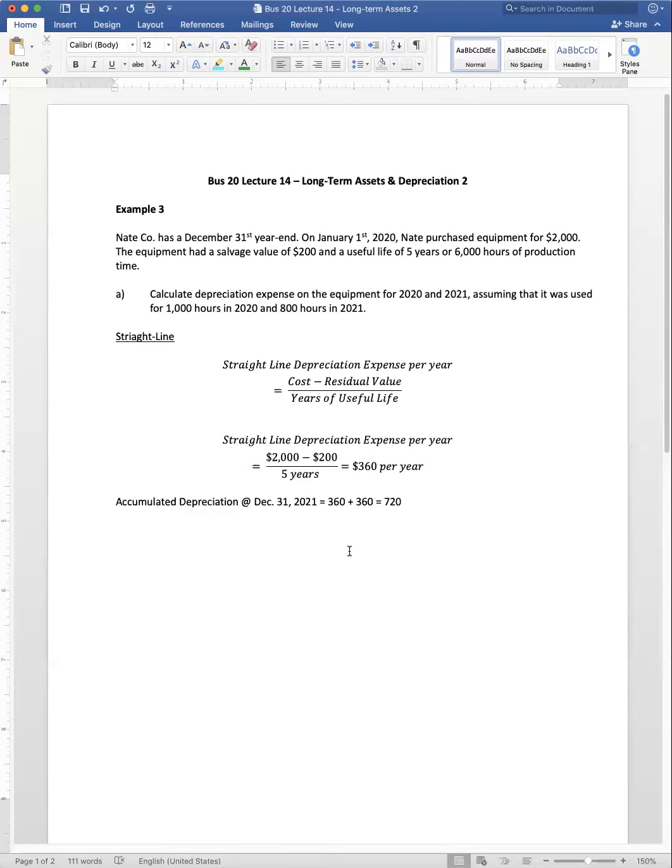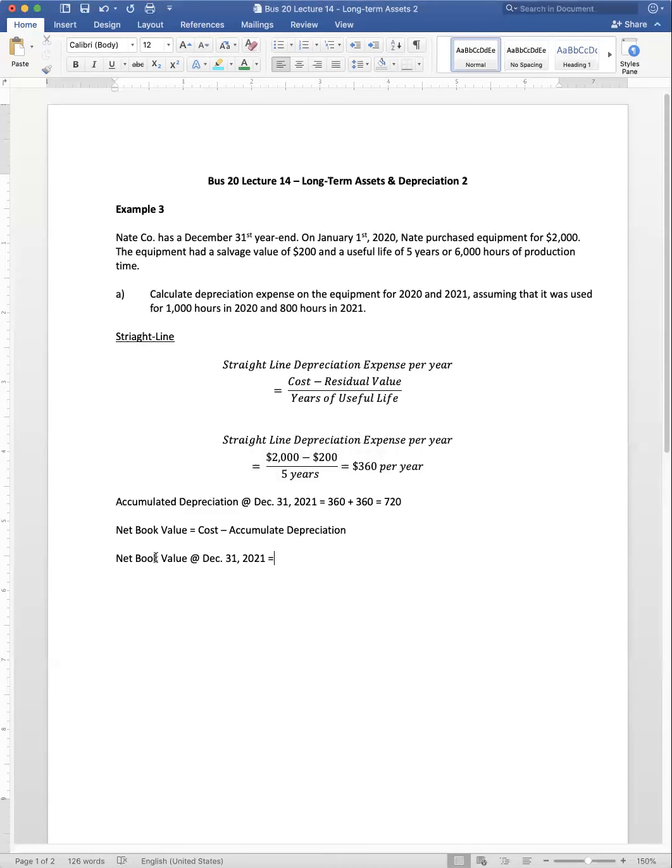Now, another thing that I could ask is, what is the net book value at December 31st, 2021? Okay. Well, remember, net book value, right, is the same as net value, and it is the cost minus the accumulated depreciation.